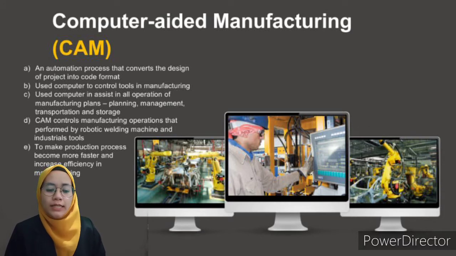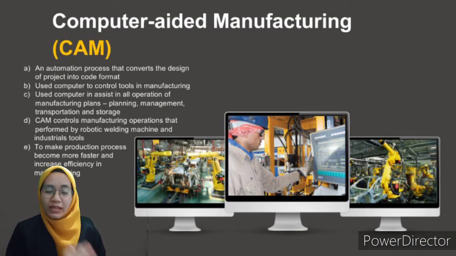We use the computer to control the manufacturing, and we use computers in all operations of manufacturing plants, like planning, management, transportation, and also storage. CAM controls manufacturing operations performed by robotic welding machines and industrial tools, and this will help the production process become faster and increase efficiency in manufacturing.